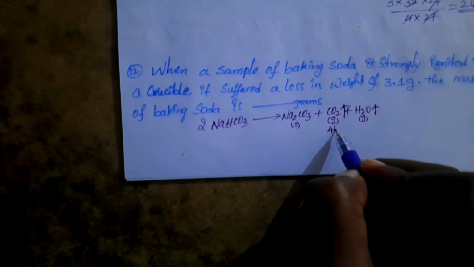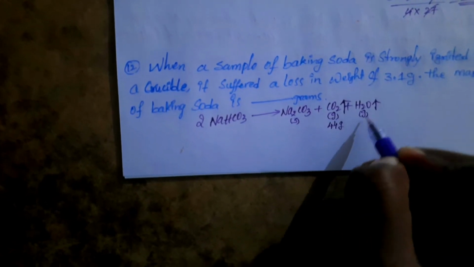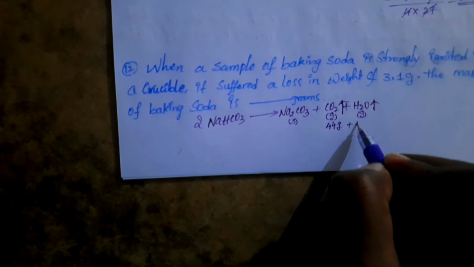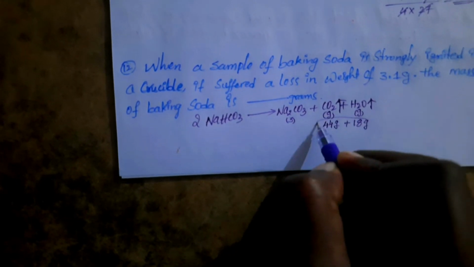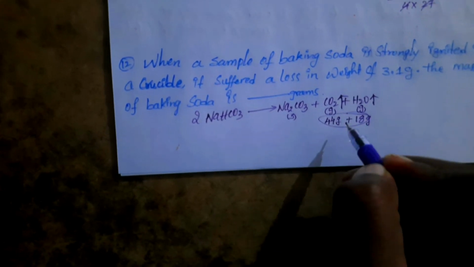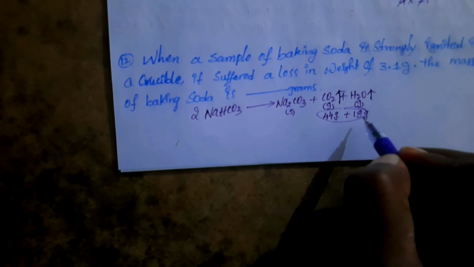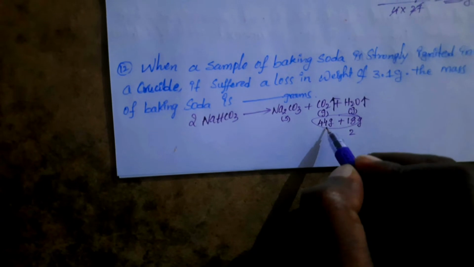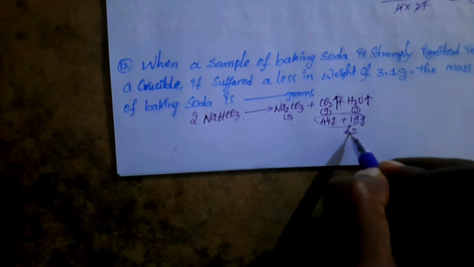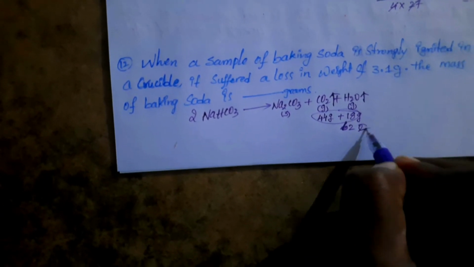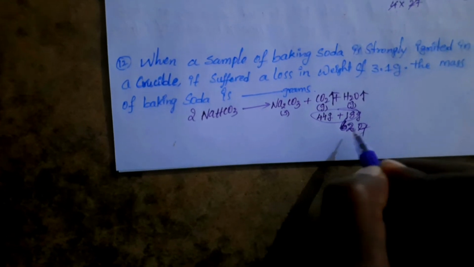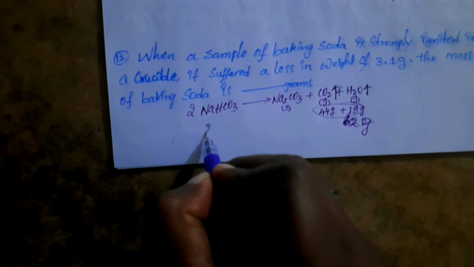How much will it be? 1 mole of carbon dioxide is 44 grams. 1 mole of water is nothing but 18 grams. So this much weight is lost. That is 44 plus 18, which is 62 grams. 62 grams is lost whenever 2 moles are ignited.